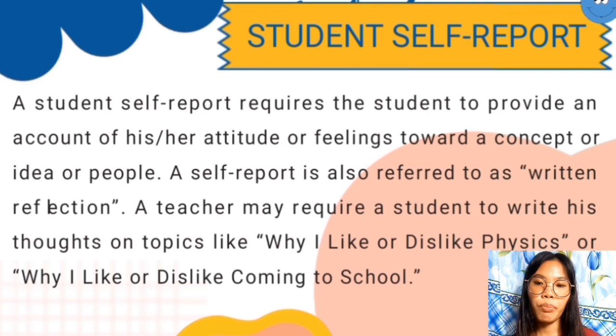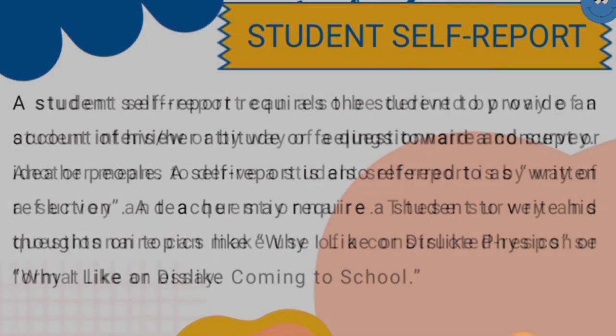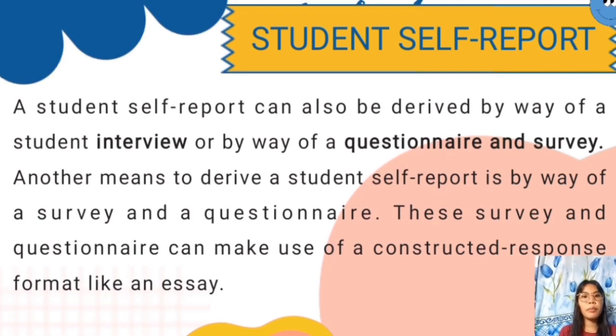Ask students to report their degree of agreement with statements using a Likert scale or any approach that involves asking a participant about their feelings, attitudes, opinions, and so on. A student self-report can also be derived by way of a student interview or by way of a questionnaire and survey.